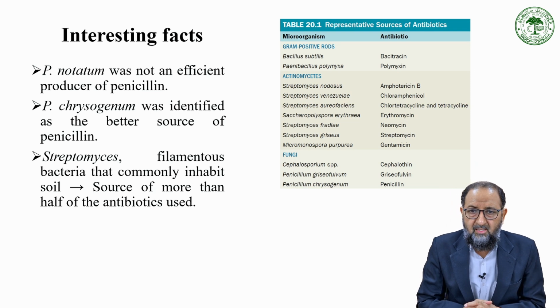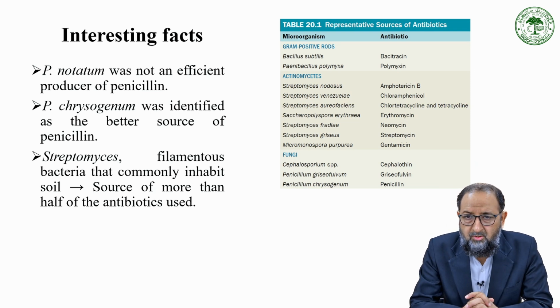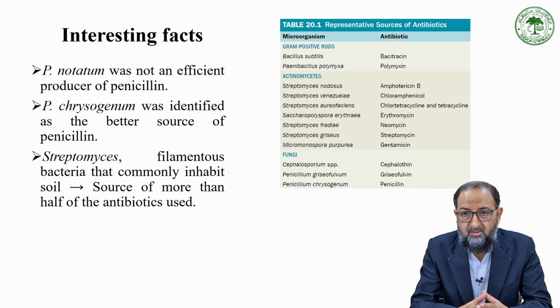Actinomycetes, they have Streptomyces nodosus, and amphotericin B is produced, which is an antifungal antibiotic. Then we have Streptomyces venezuelae, which produces chloramphenicol, and Streptomyces aureofaciens. Aureofaciens produces chlortetracycline and tetracycline derivatives.